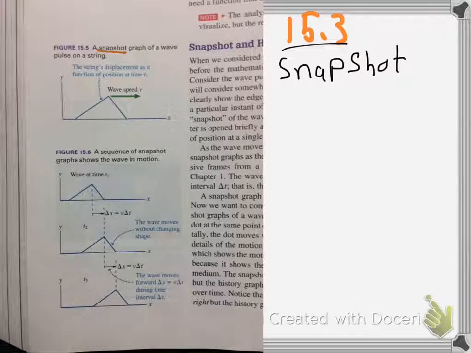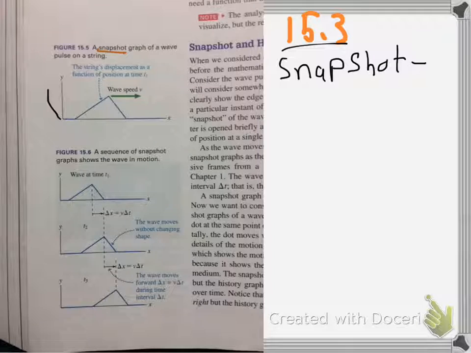So I hope the term snapshot is kind of familiar to you. It's a freeze frame essentially of an object moving and its position. Okay, so if we think of a wave on a string moving, some sort of wave here.